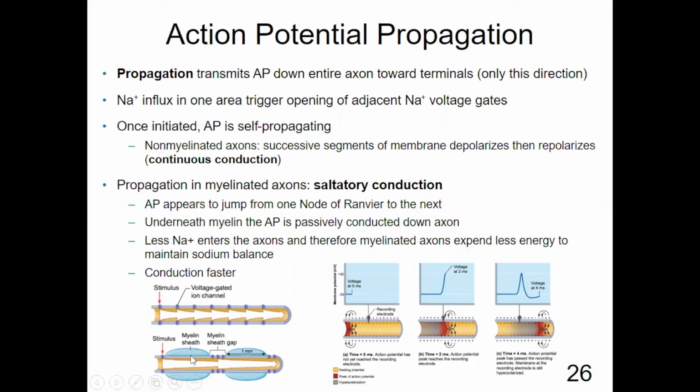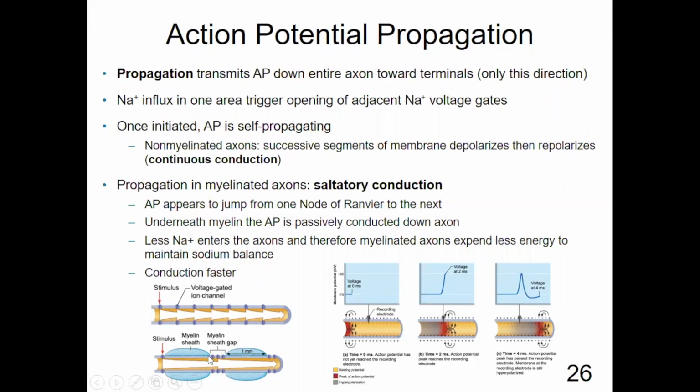Well, in myelinated axons, here we see myelin here in blue, myelin actually insulates the axon, which means the membrane potential does not decay as quickly. So you can see this top figure, it decays very quickly, but this myelinated axon, the change in membrane potential does not decay nearly as quickly.